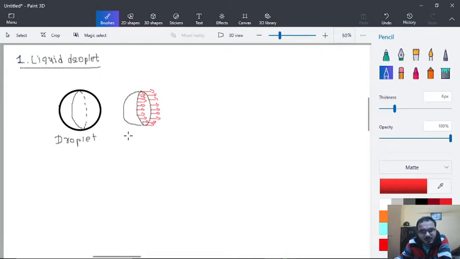So this is surface tension present in this case. And there will be presence of other forces, that is pressure force on this droplet.